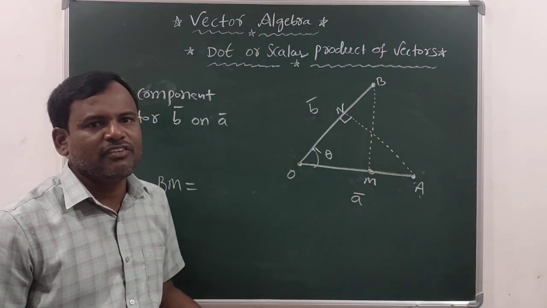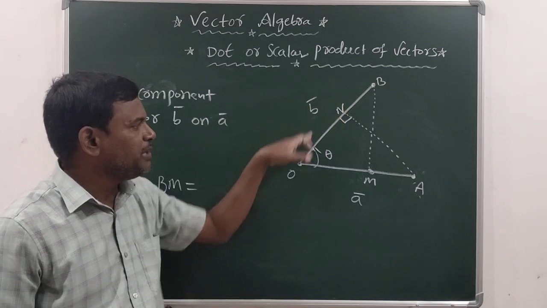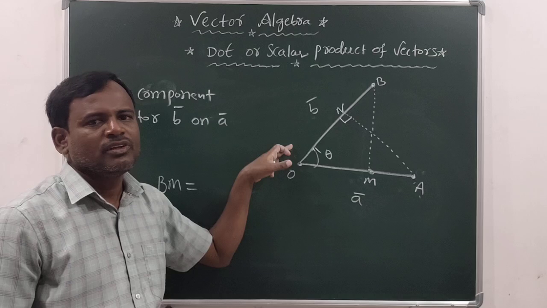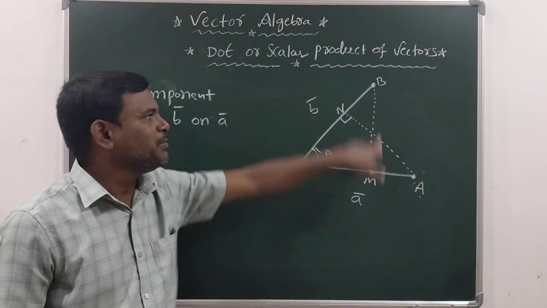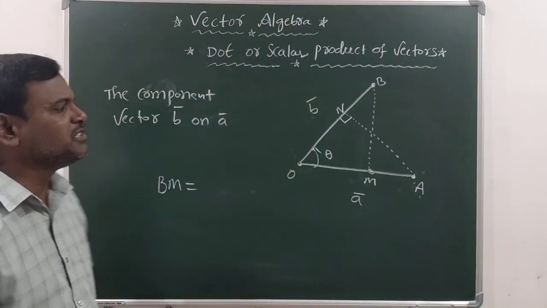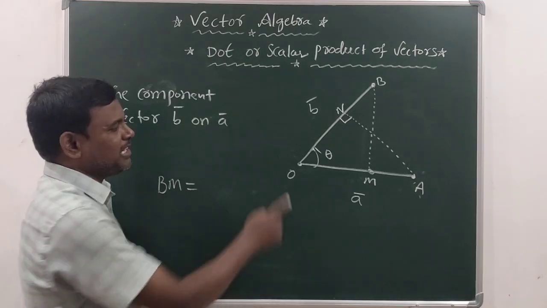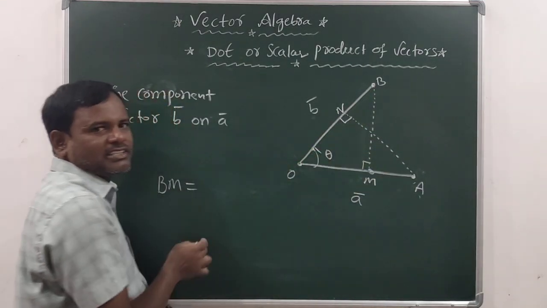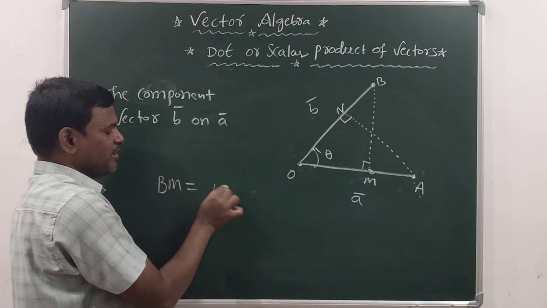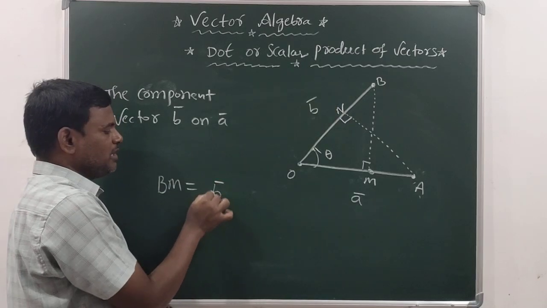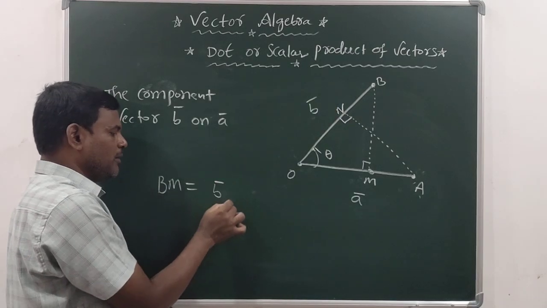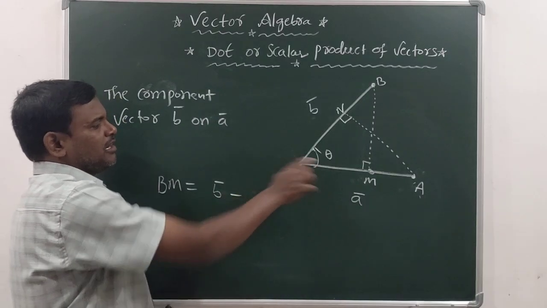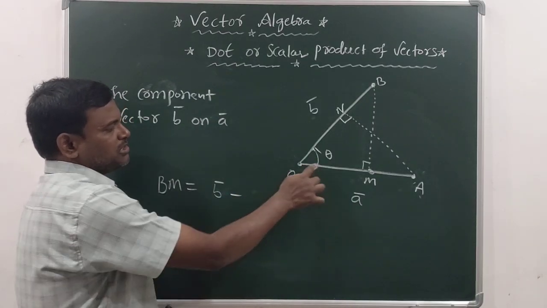In the previous one we calculated the projection of B on A. Now we want the projection of B along BM. For that, simply apply the Pythagoras theorem for this triangle. Here it is 90 degrees, no? Apply the Pythagoras theorem.